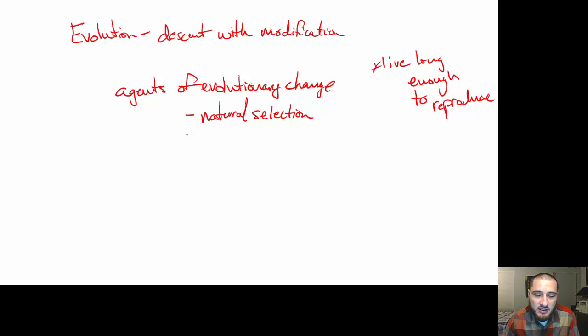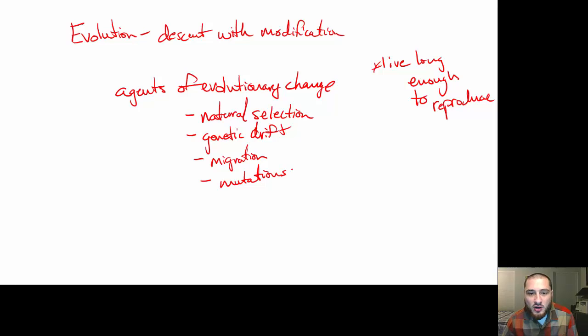You also have things like genetic drift. You have migration. And a big part is mutations. So mutations are errors in the DNA code.